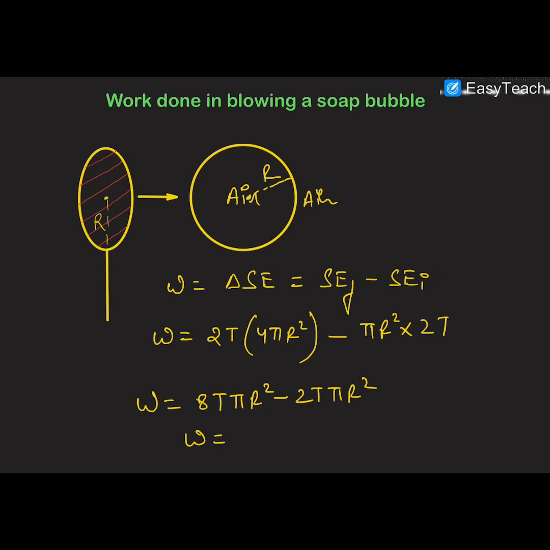So work done will be 6T pi r square. This will be the work done if we blow a bubble out of a ring, and it is assumed in this question that the radius of the circular film on the ring and the radius of the soap bubble are equal.